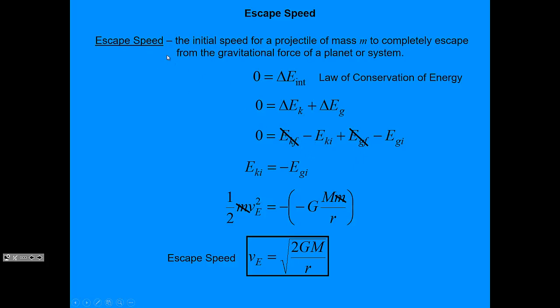Anything faster than the escape speed, you would still have kinetic energy left. So you ought to be able to do this proof, and if you can do it quickly, you can get to this equation even if you don't have it memorized, because I do not believe it is on your equation sheet. And again, capital M is the mass of the planet or system you are escaping. So the more mass of the planet, you have to go faster.